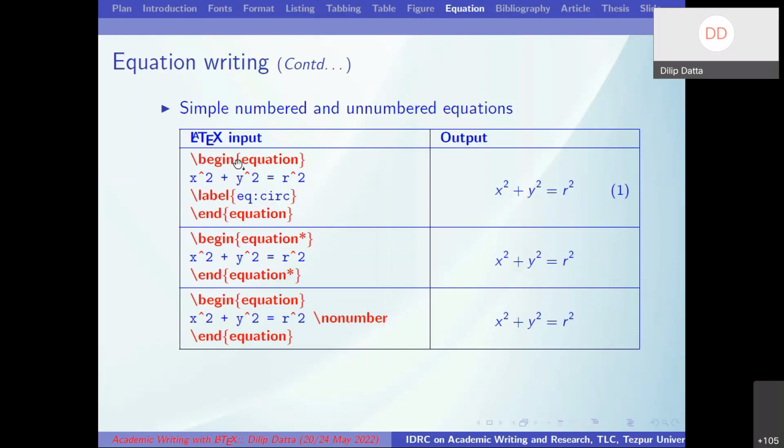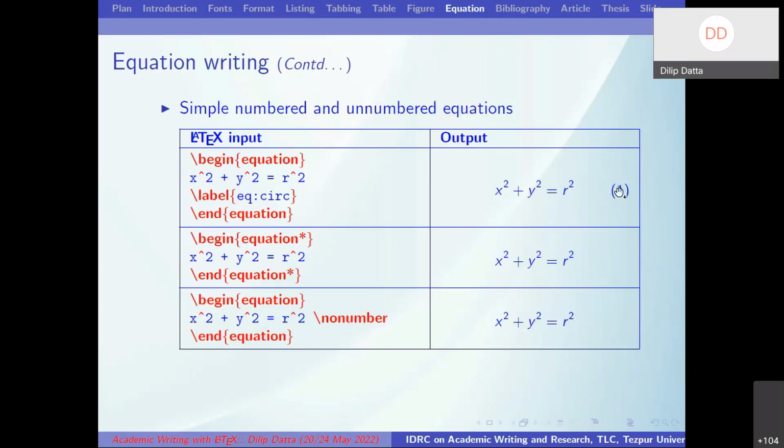Any environment is started with the begin command and closed with the end command. Within this, I have written the same expression to produce x square plus y square equal to r square. Now here see, by default the LaTeX compiler will number it in Arabic numerals in parentheses.